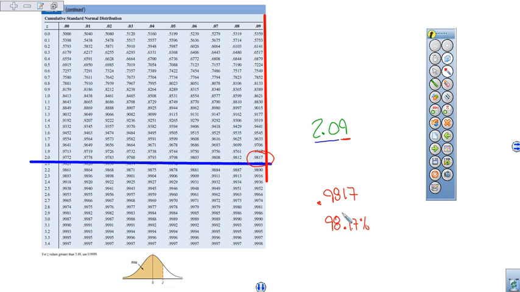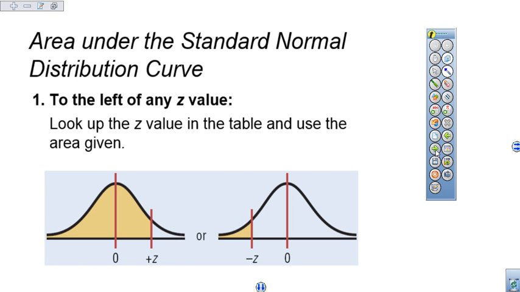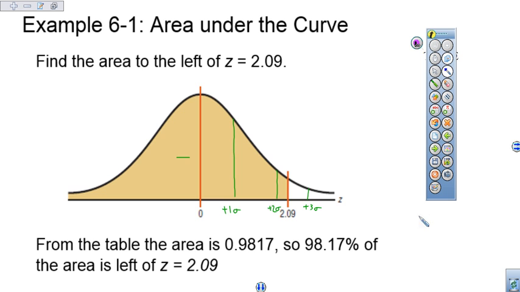Because remember, to change a decimal to a percent, you move that decimal 2 places to the right. So that's our answer. And this concludes the video for how we use table E to find the area under the normal distribution curve for a z-score. The same thing would apply for a negative. So you can use this video to go practice some more problems like this.